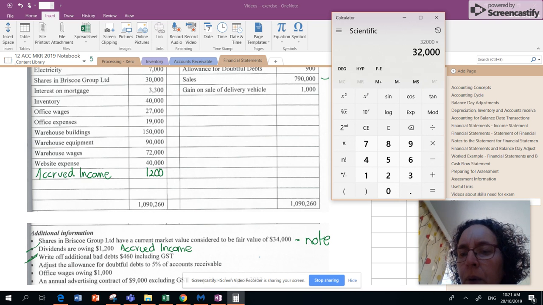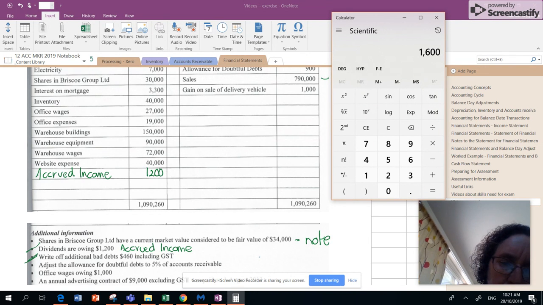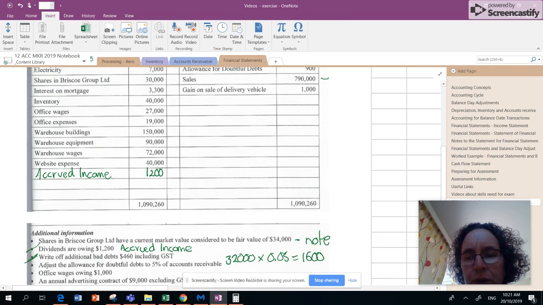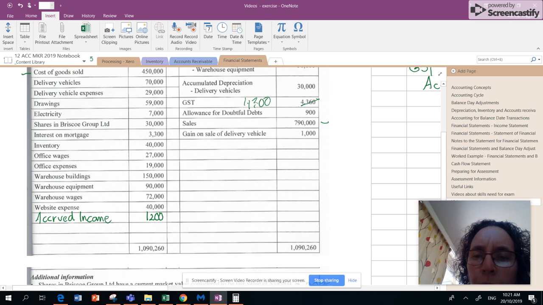Times it by 0.05, and we get 1,600. So that's 32,000 times 0.05, which will give us 1,600. Now, that's what our allowance for doubtful debts needs to be. We've got 900 at the moment, so we've got to make it go up to 1,600.